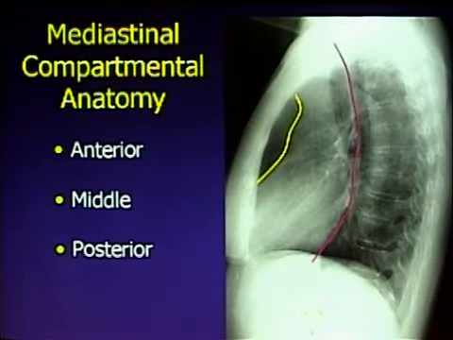When we talk about the mediastinum, traditionally, we talk about the anterior, middle, and posterior division of the mediastinum, and this is based on delineations based on anatomy as perceived on a lateral chest radiograph.